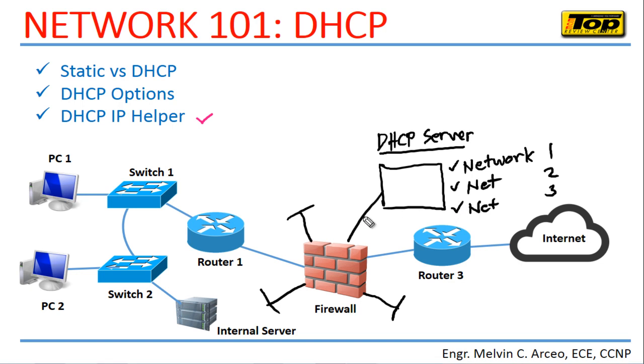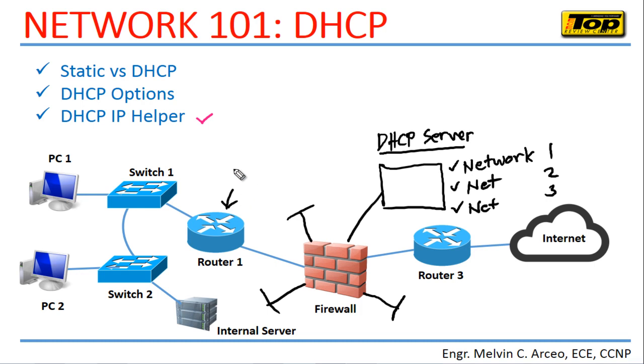At yan yung ipoprovide niya on different networks. Yun nga lang, for example, on this case that we have a router for this particular network, paano siya hihingi ng IP address dito sa DHCP server natin and ipoprovide niya doon sa network niya?